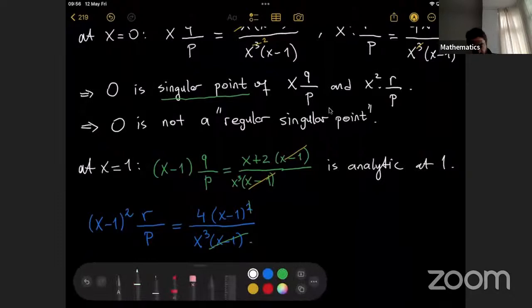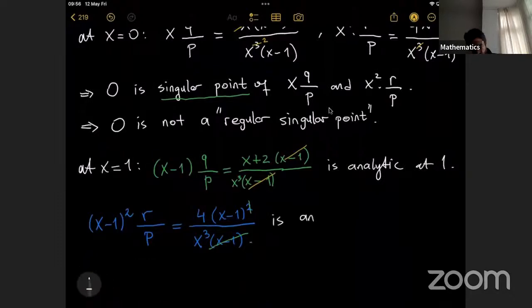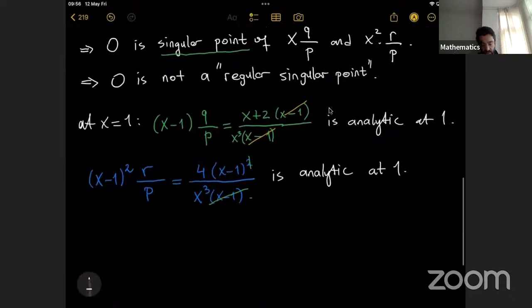So this is also analytic at 1. If both are analytic at this point, then you say that 1 is a regular singular point of the original equation, okay?